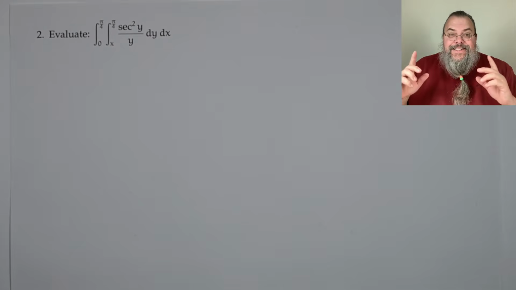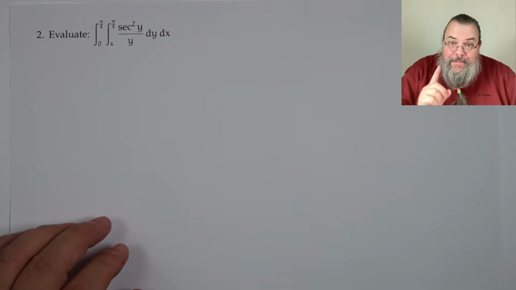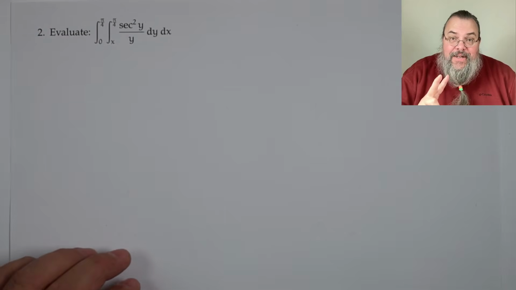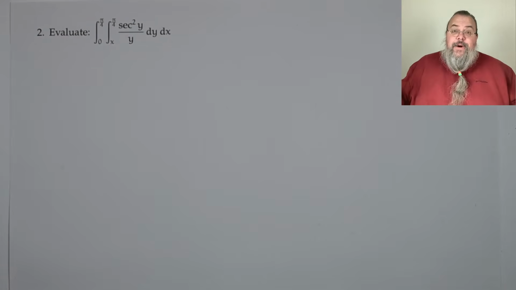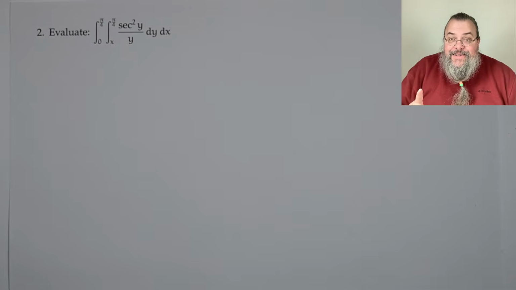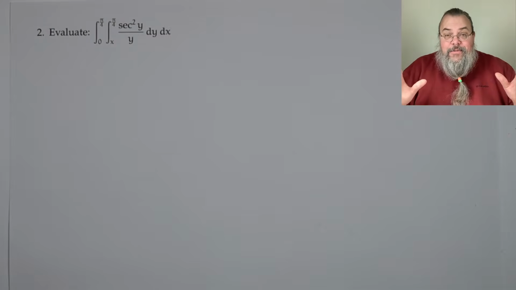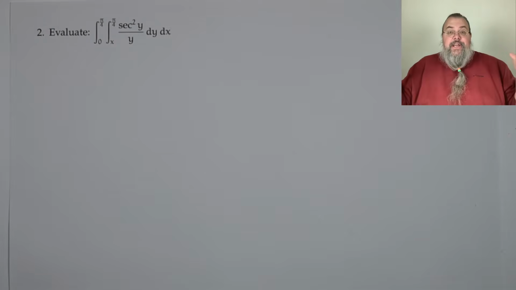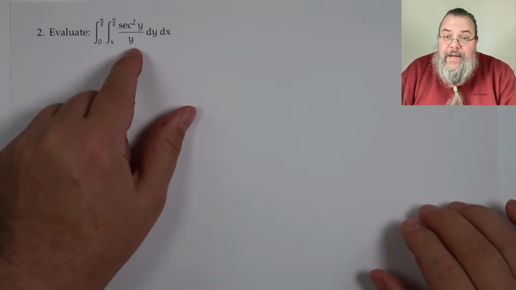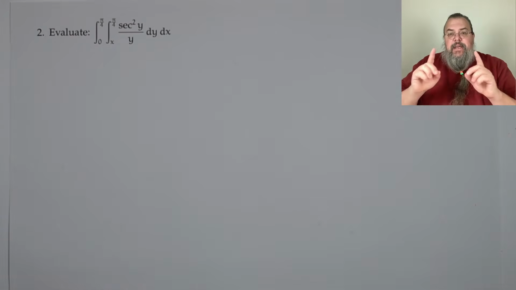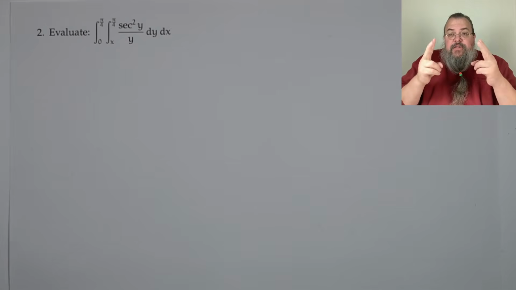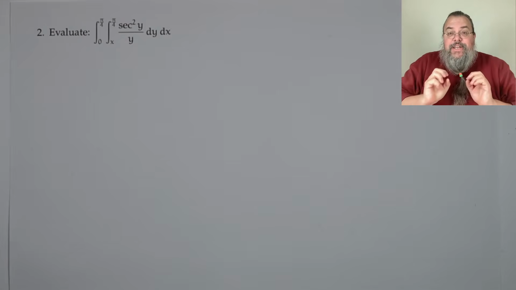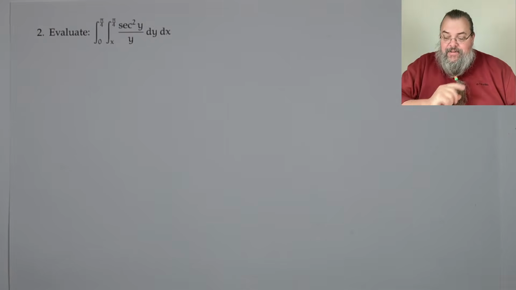But it's not just a one-dimensional integral. It's two-dimensional. You say, okay, look, I can't integrate this with respect to y. But I can integrate this with respect to x all day long because there's no x. So maybe instead of saying I'm faced with an impossible integral, let's change the order of integration and at least make a dent.